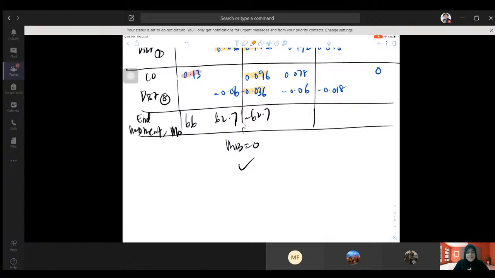After that 2B and 3B. Lepas tu 2C and 3C. Step dia similar, sama je step. So yang payah pun dekat step 3A tu, FEM due to delta prime.